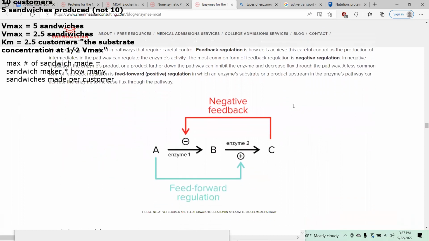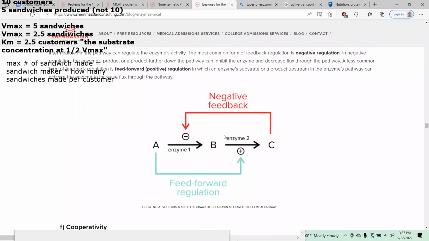Feedback regulation. Okay, so this is something else that we had talked about earlier, not today, but before. These are enzymes, right? Enzymes are creating products, right?